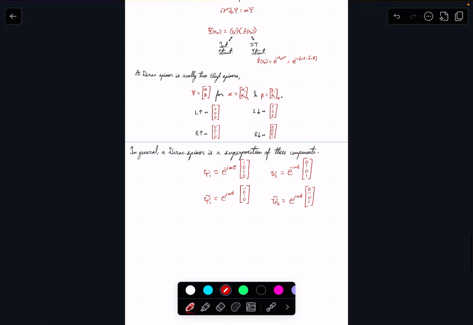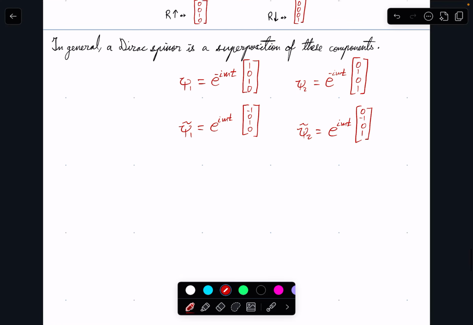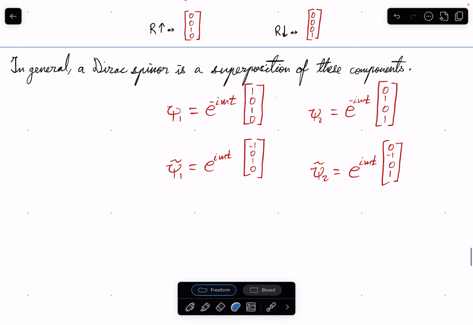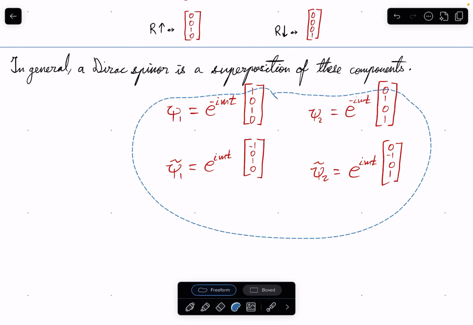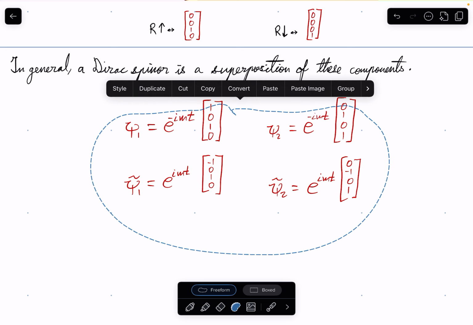So to understand what these solutions are telling us, let us take a look at the evolution in time of a single component Dirac spinor.